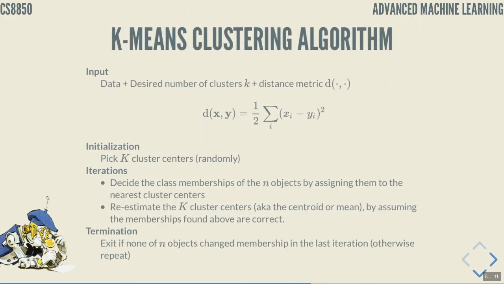So once again, to reiterate the complete algorithm: all we need as input is data, the desired number of clusters, and a distance metric. The distance metric will define the space our data lives in. The distance metric defined here on the screen is practically Euclidean distance, the sum of the squares of the differences, so mean squared error.